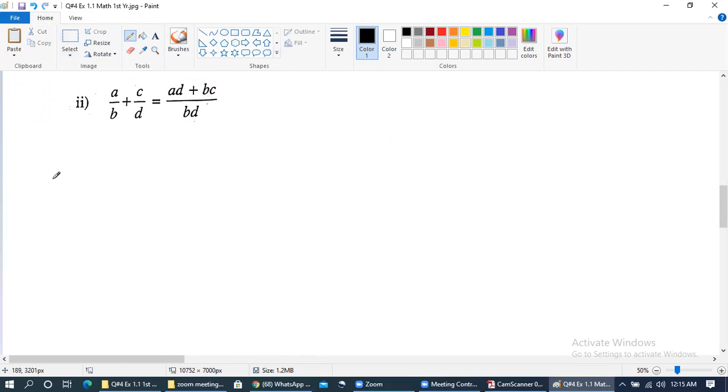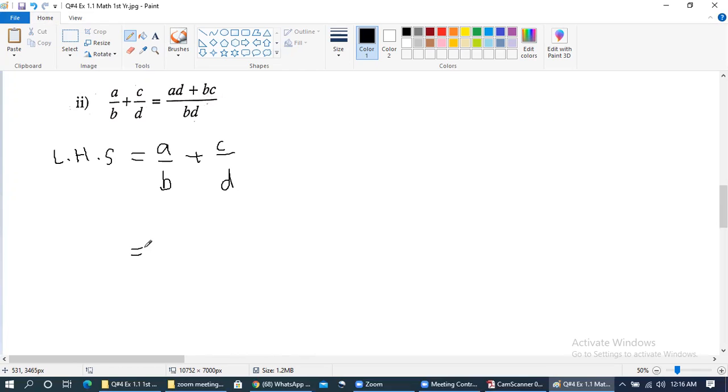Again, we'll repeat that manner, that we'll be writing the left hand side. And left hand side is A by B plus C by D. Now here we'll be again trying to use the different properties of multiplication and addition.